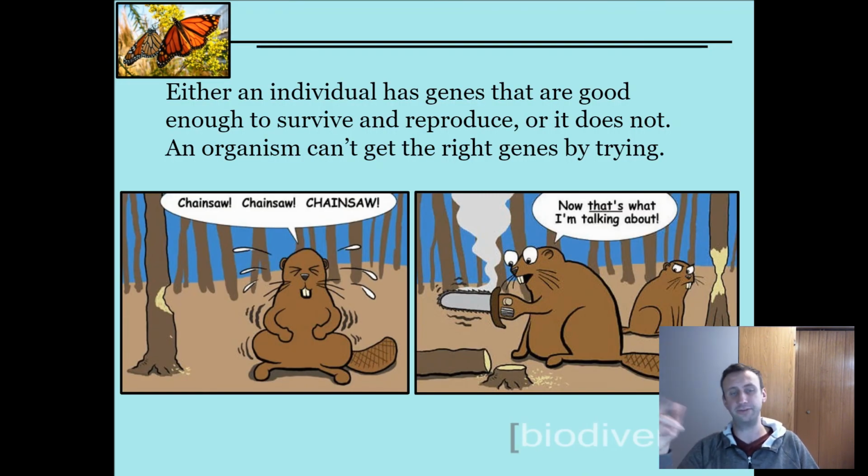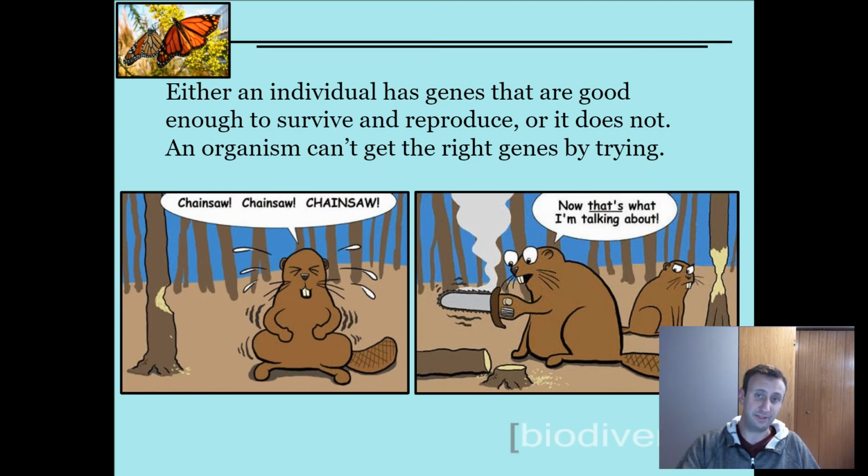What's important for you to realize, though, is that adapting isn't an active process for the animals. It's just that either they have the traits to survive and reproduce or they do not. So if an animal has the adaptations to survive a stress, then it's going to reproduce and pass on those adaptations to its offspring.